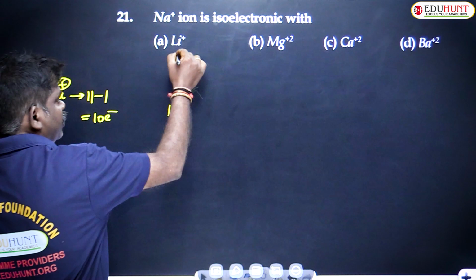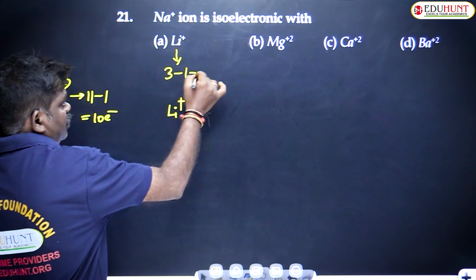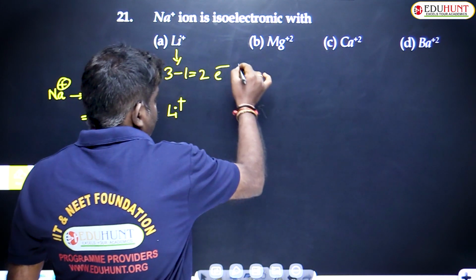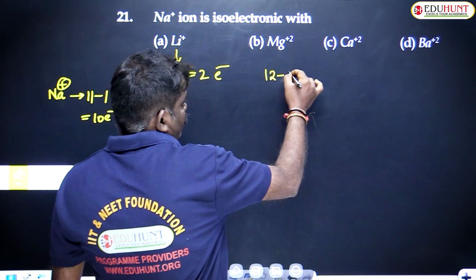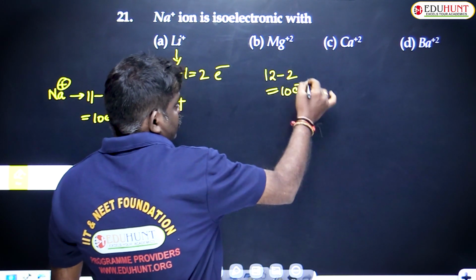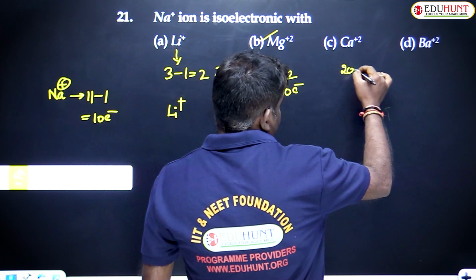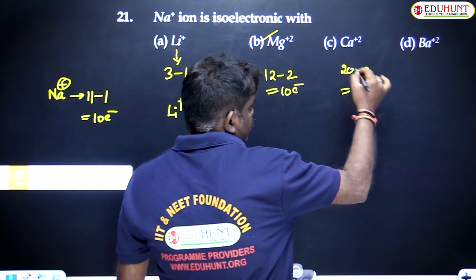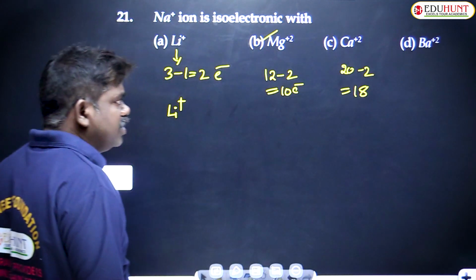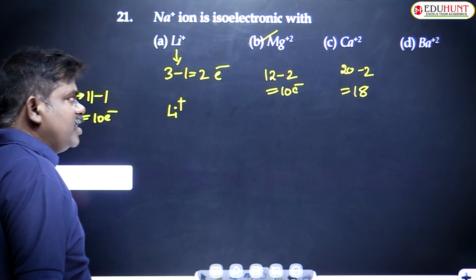Lithium atomic number 3 minus 1, 2 electrons. Magnesium atomic number 12 minus 2, 10 electrons. It is equal. This is the answer. Calcium atomic number 20 minus 2, 18. So the answer is B.